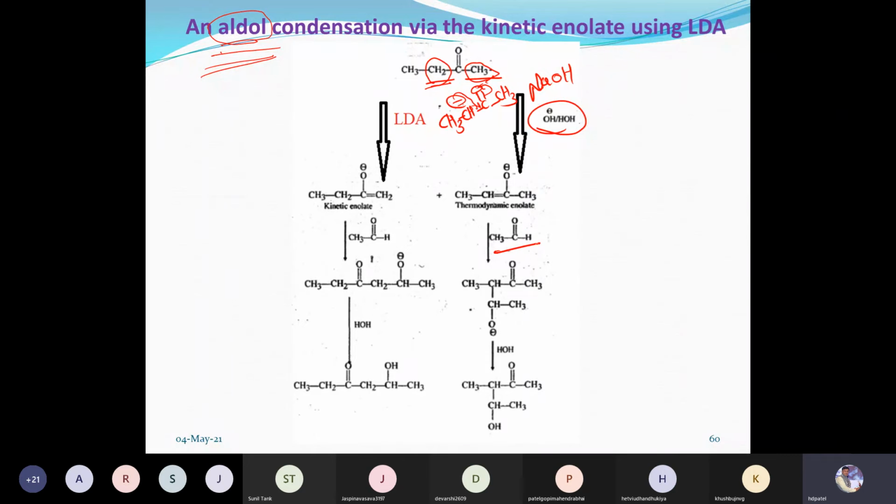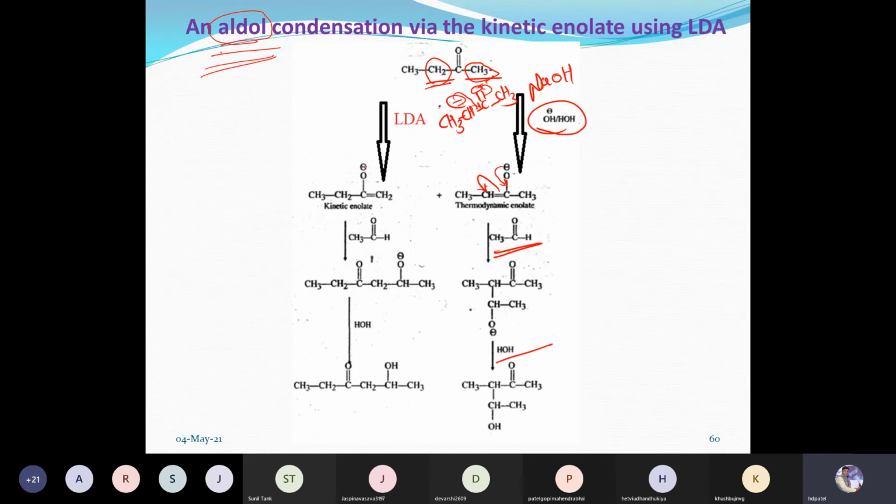After that, by treatment with acetaldehyde, CH3 C double bond OH, it will convert into CH3 CH. Why does it bind over here? Because this will again convert into C double bond O, and this will convert into CH minus, and as a result we will get CH3O minus. After that, by treatment with water, we will get CH3CH, CH3OH and C double bond OCH3.